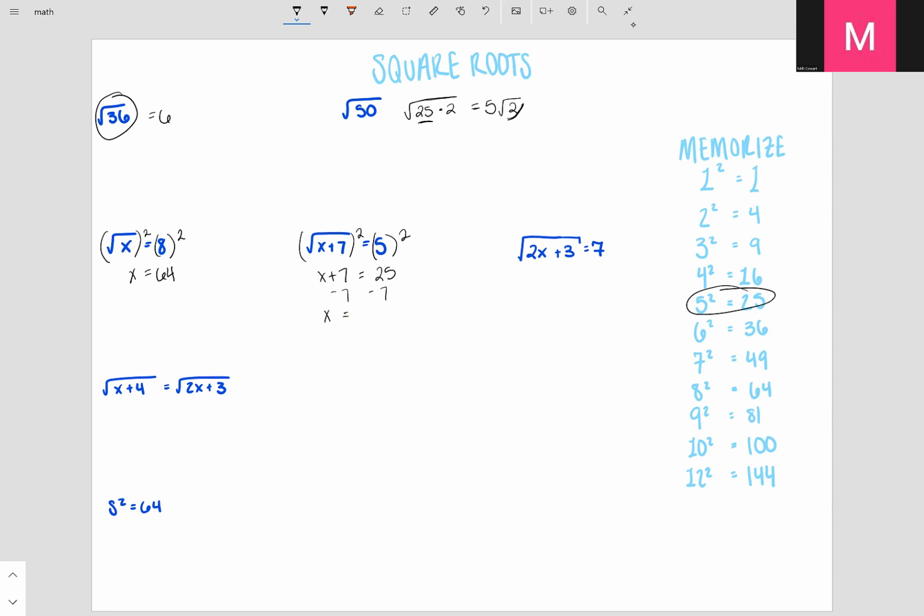Let's see. 18. And squaring each side of this, 2x plus 3 equals 49, minus 3. 46.